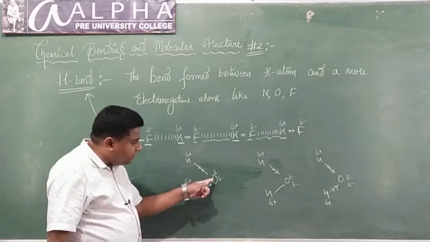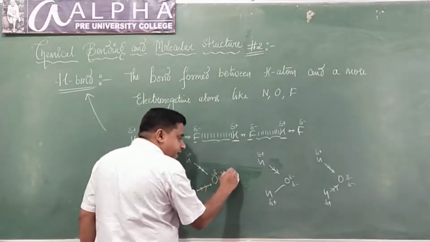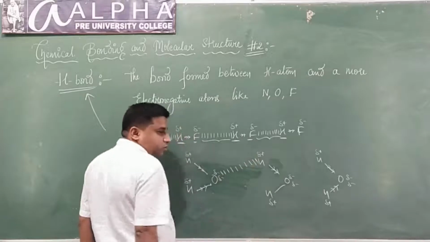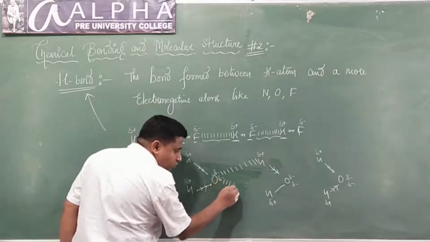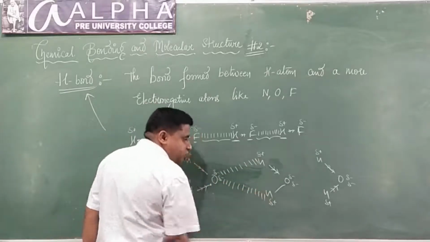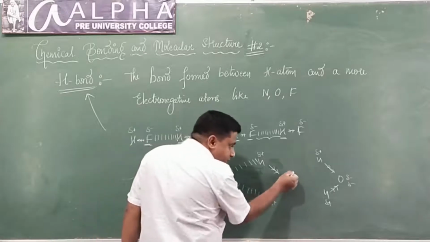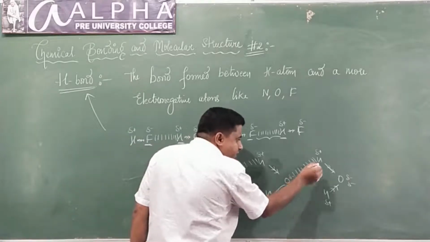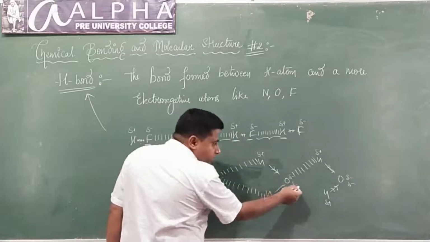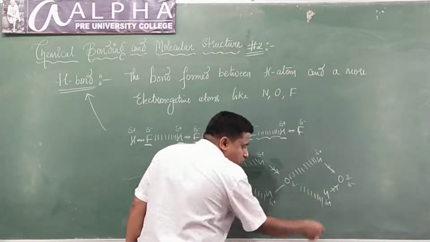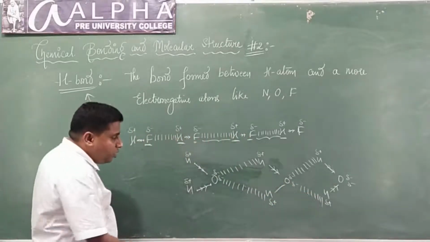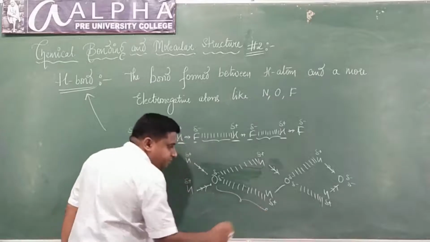Now the negative end of this molecule will attract the positive end of this molecule, isn't it? Here also, the negative end of this molecule will attract the positive end of this molecule. Look, there is a bond formation.